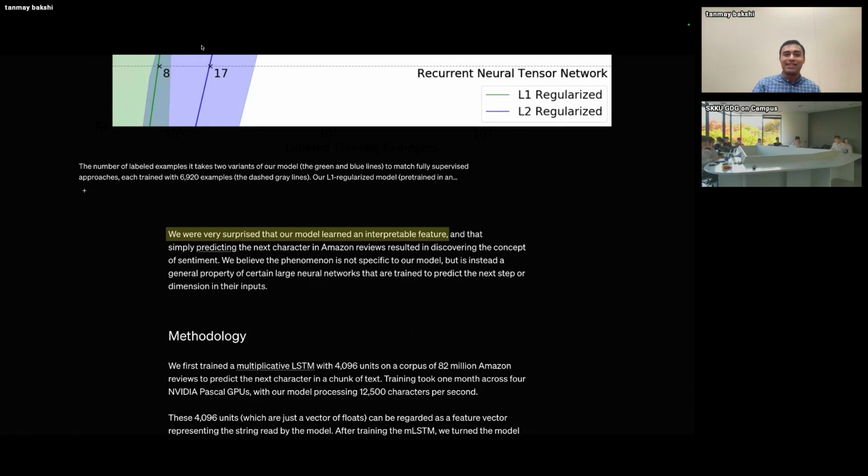And so what that means is that even though the model was never trained to understand what good sentiment or bad sentiment is, like a good or a bad review, that was never its objective, just based off of learning to generate them, it had automatically learned that internal understanding of the abstract concept of sentiment, what good and what bad mean.